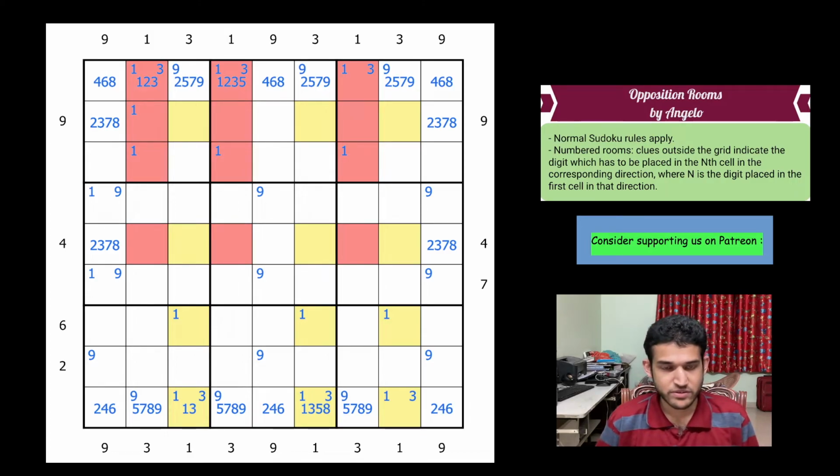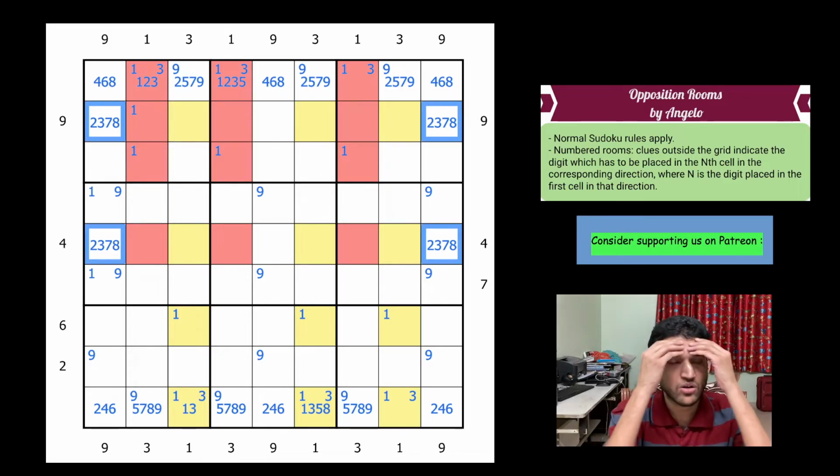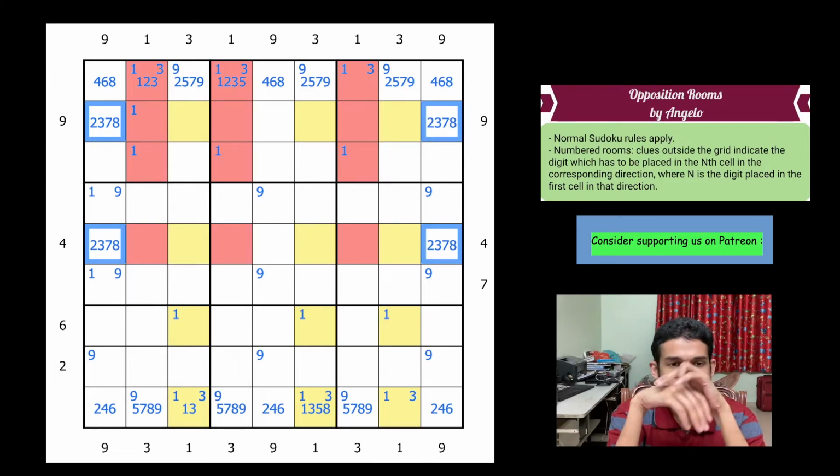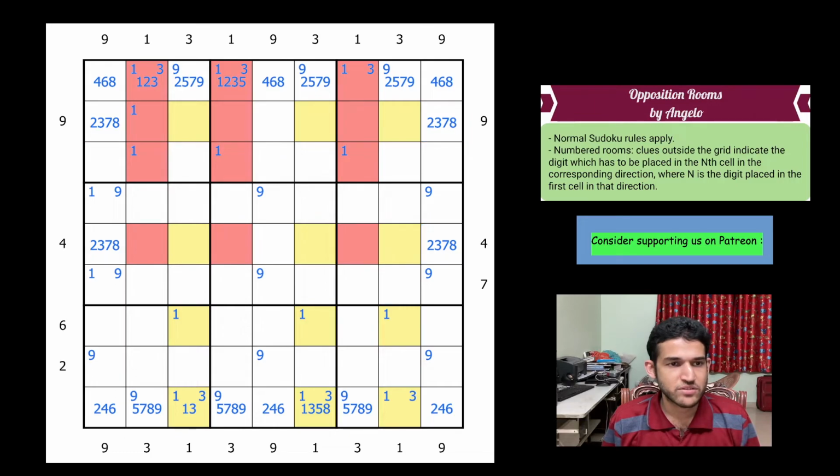Oh, it's kind of, I don't know how to explain this, but what I'm gathering here is these cannot be 3, 7. How do I explain this? That is the biggest question here. Because it's apparent to me that if these are 3 7s, then we are going to have a problem with threes.